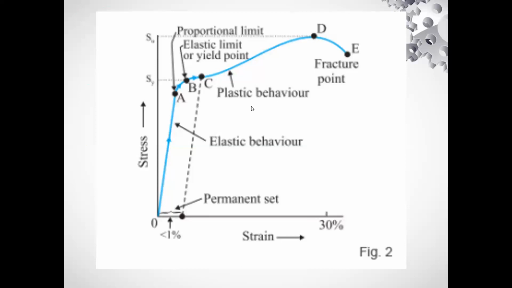Coming to this, this is the stress strain curve. Already we know that. Let us take the steel point of view, so let me take the steel material. Then what type of curve will be generated in this stress strain curve? Up to some load value, point A, there is the proportional limit.